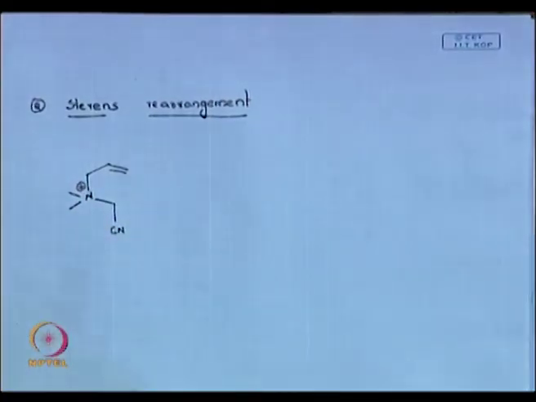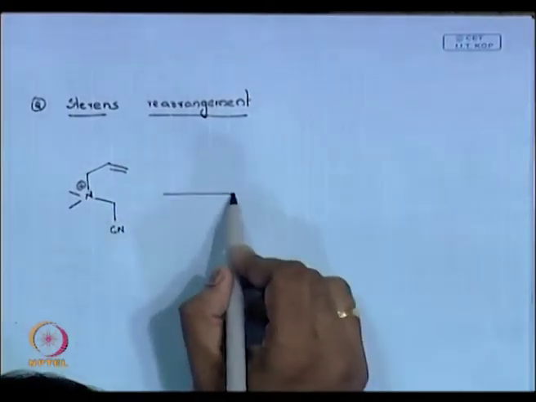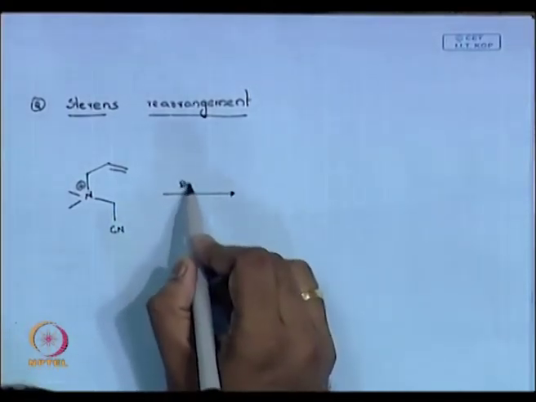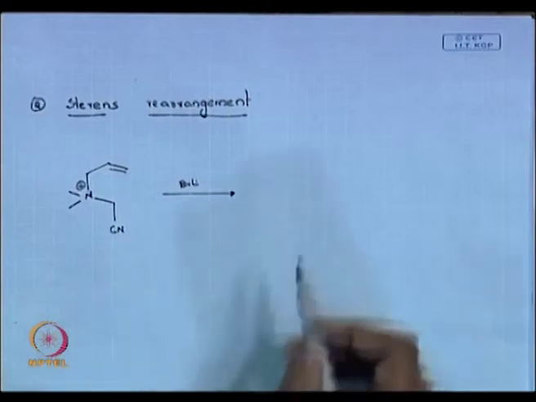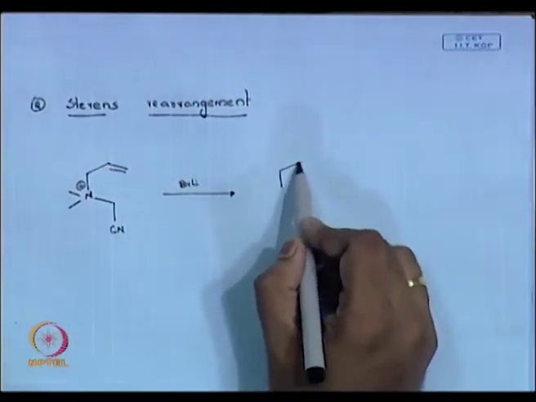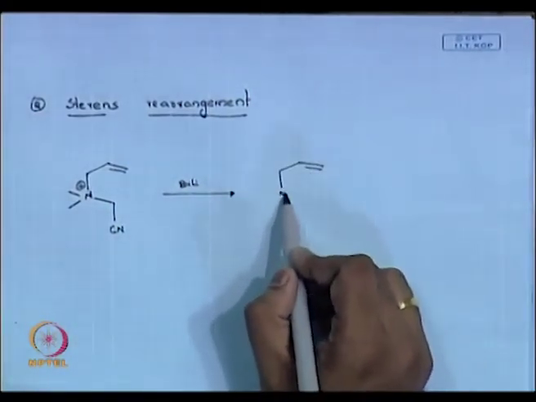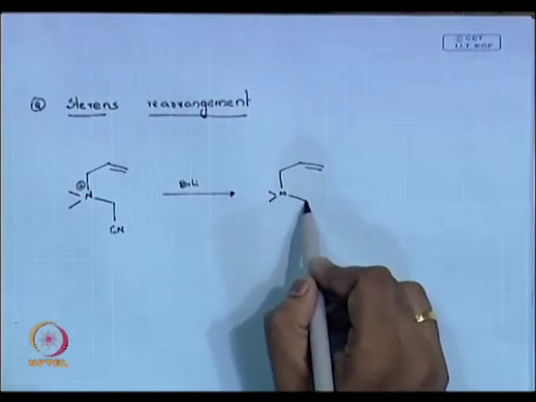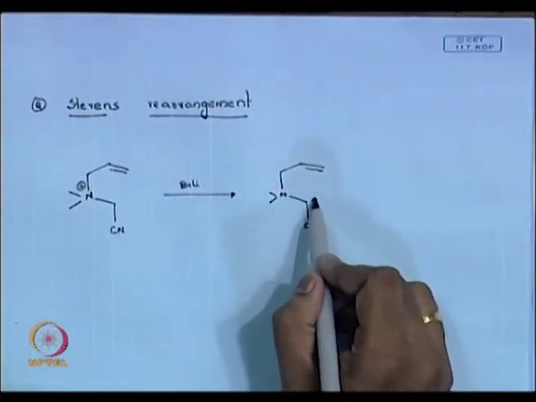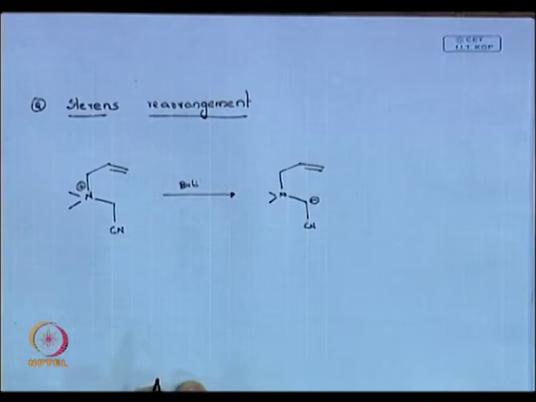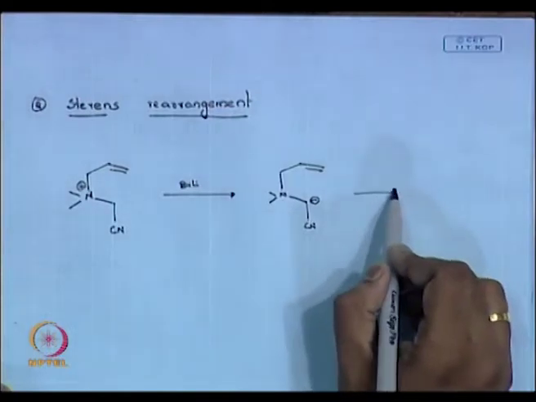Guys, you should know all these reactions. At least if someone asks, you should be able to answer. Again, I can use butyl lithium to generate a carbon anion, and this on heating.